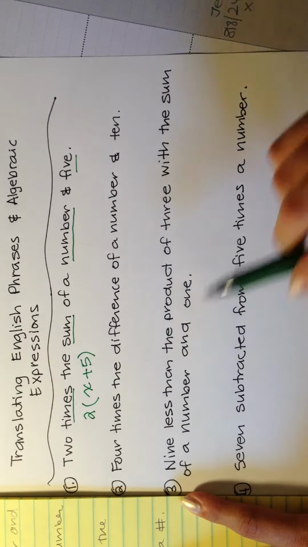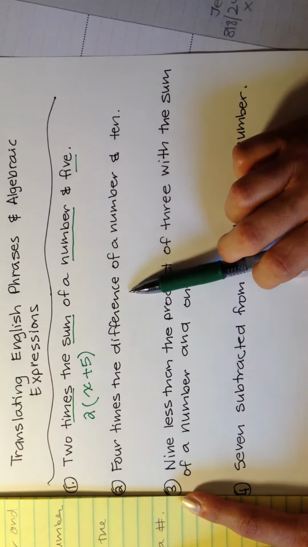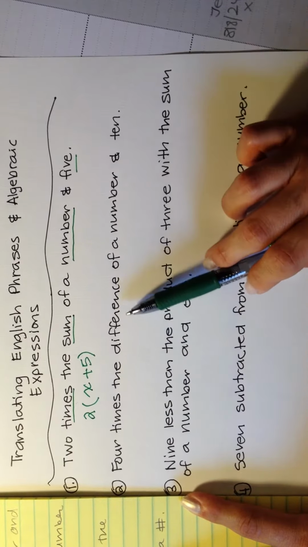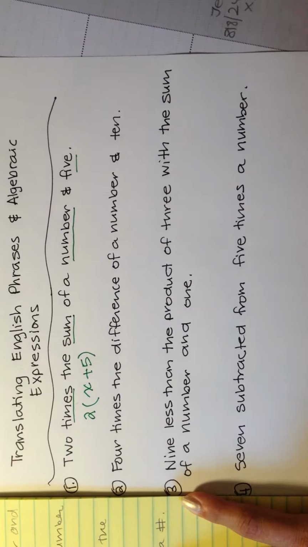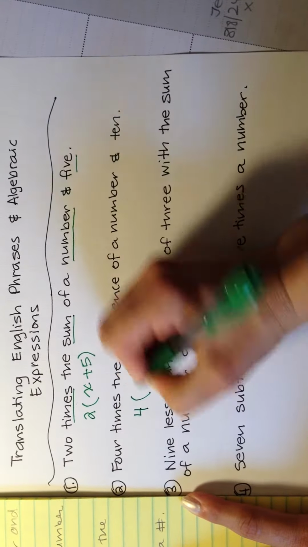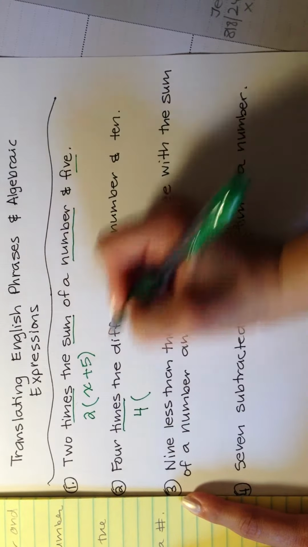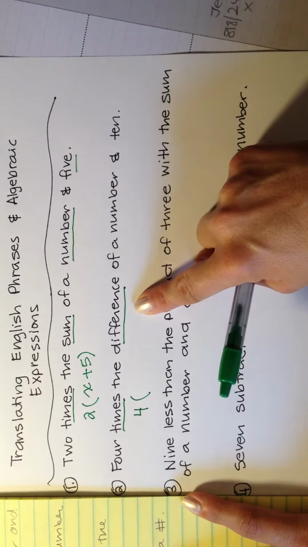Same idea for the second one. It says 4 times the difference. So times the difference or times the sum, you want to make sure you use parentheses. So we're going to write 4 parentheses. Okay, so we underline times and difference. Difference implies to subtract.